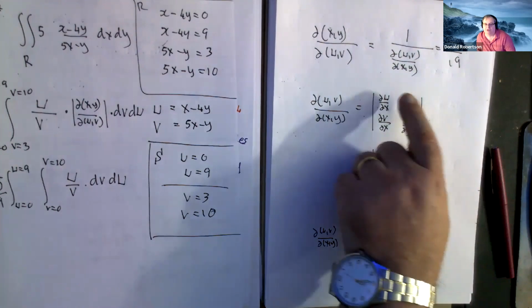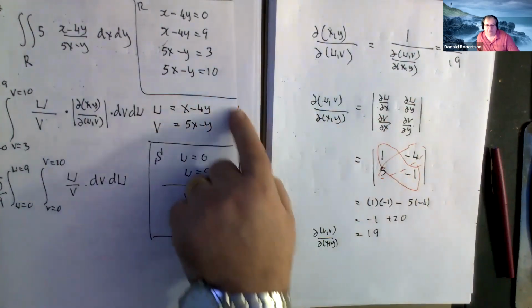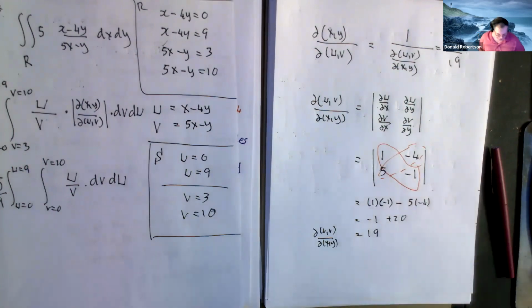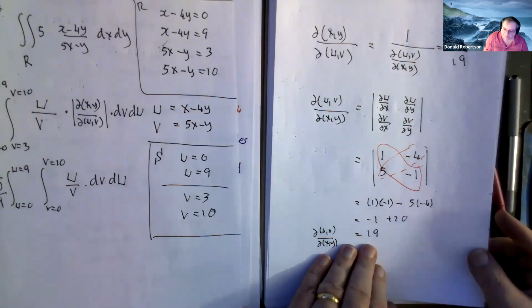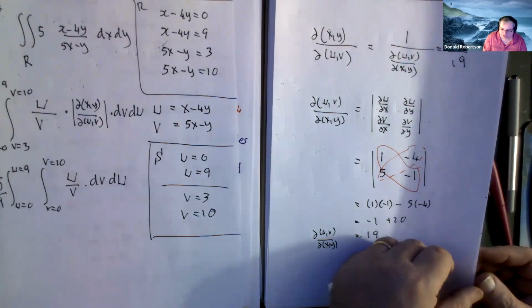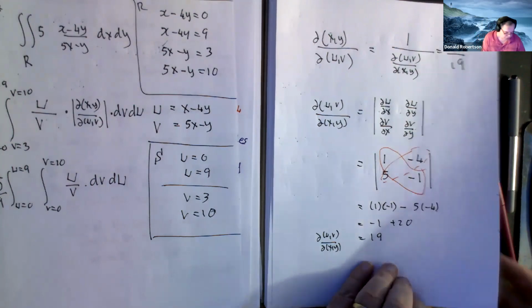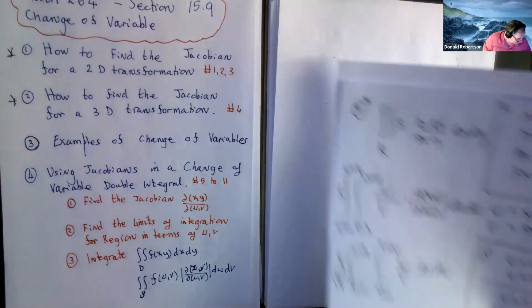It means you don't need to try and solve and rearrange in terms of x equals a function of u and v, and the same for y. Any questions about that? Okay.